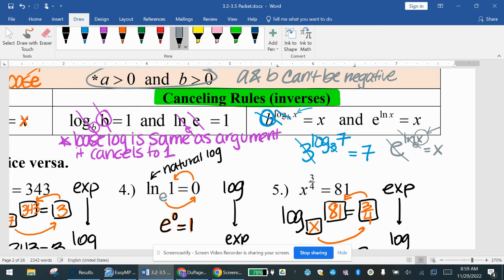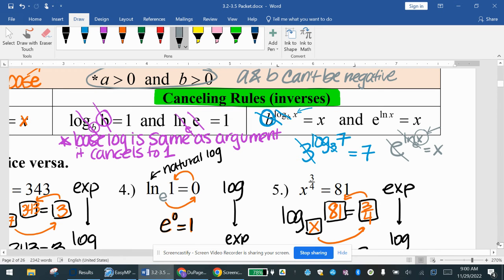You got to make sure you actually study these rules. The logarithmic canceling rule says that if the base of the log is the same as its argument, then they cancel to 1. The exponential canceling rule says that if the base of the exponential expression matches the log's base, then you get whatever's left over in the exponent.